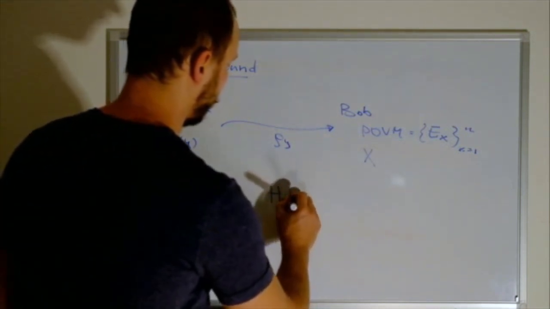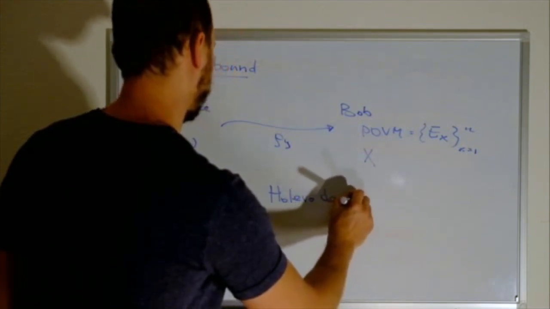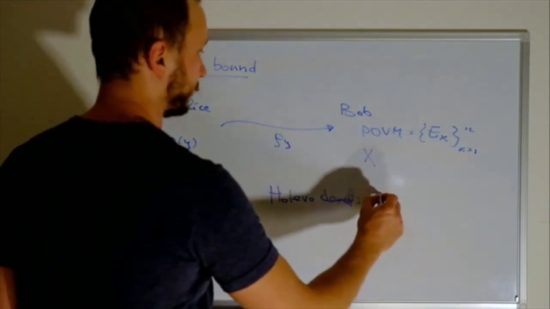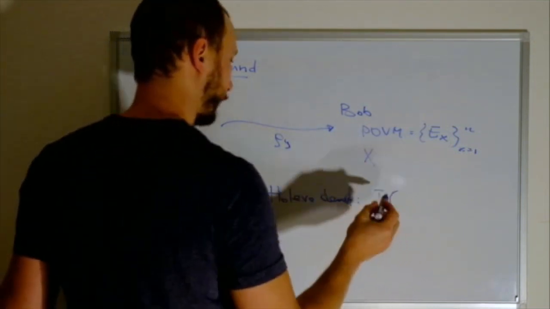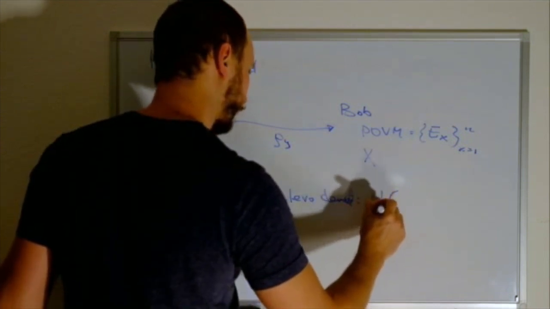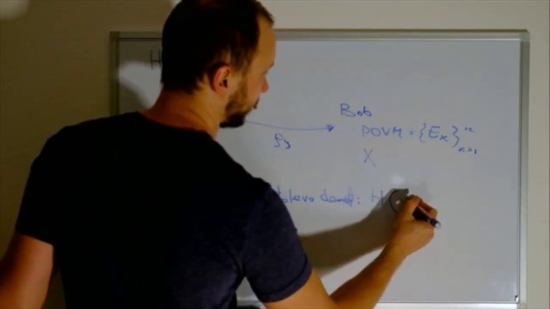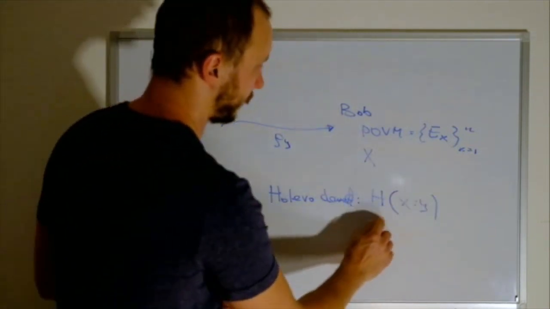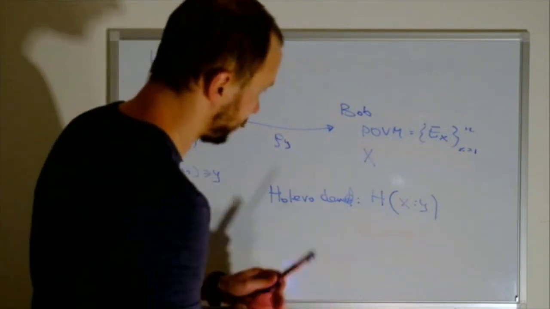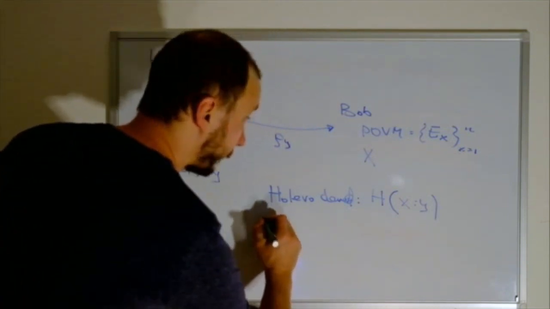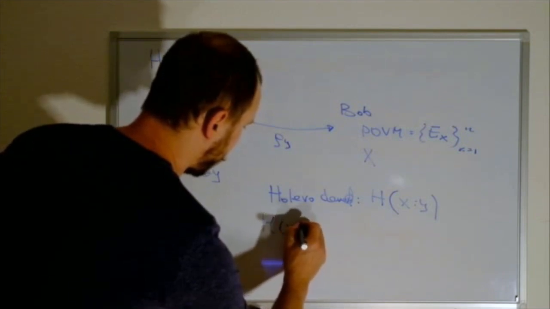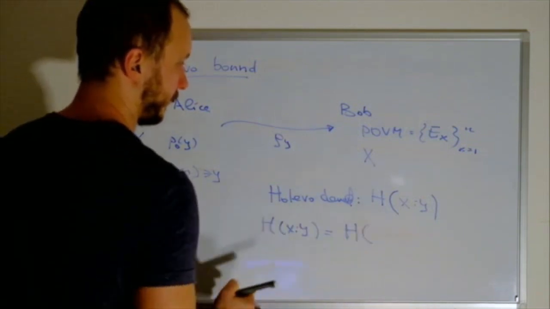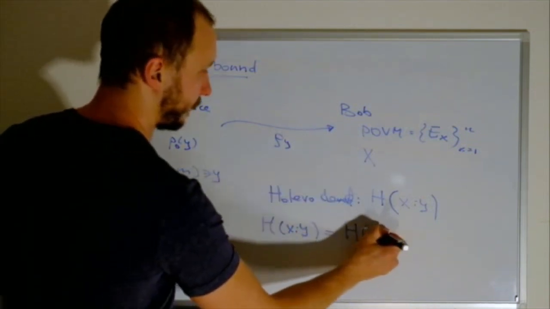The mutual information between X and Y, we can just write down as H of X and Y. This is the entropy of Y.